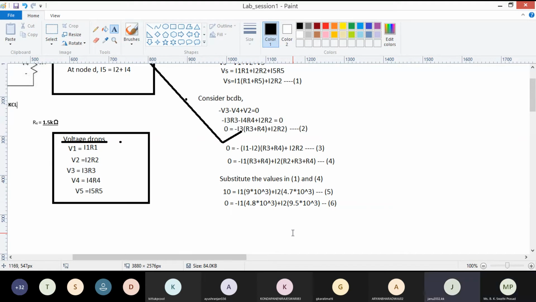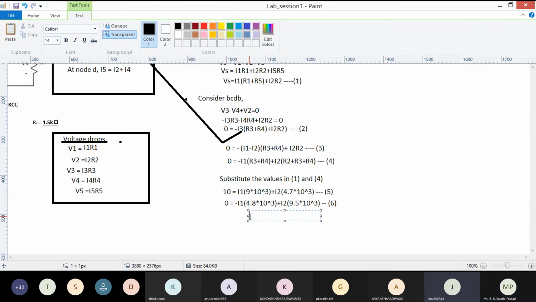Ma'am, I1 is 0.87 amps. One minute. So what is I1? 0.879 amps.